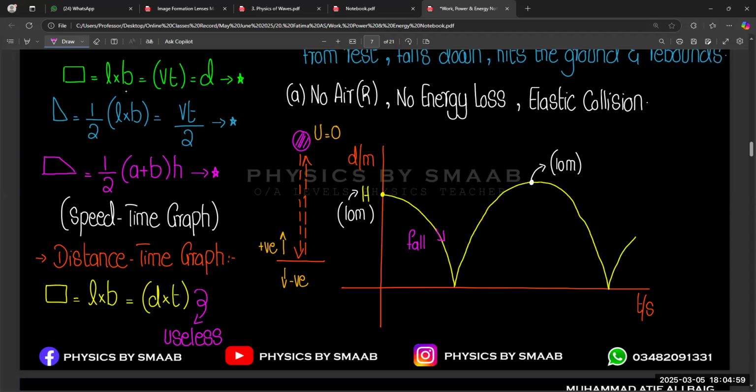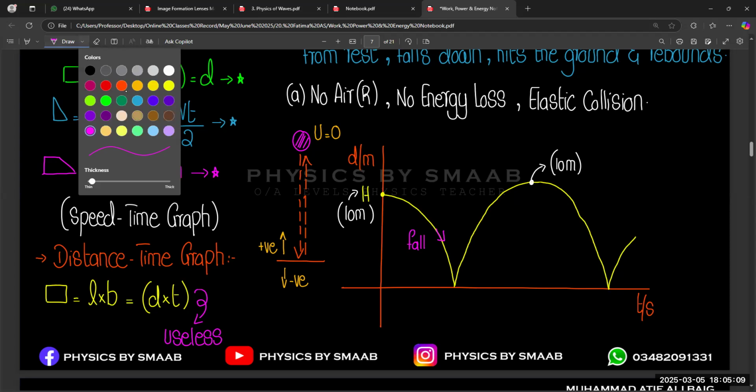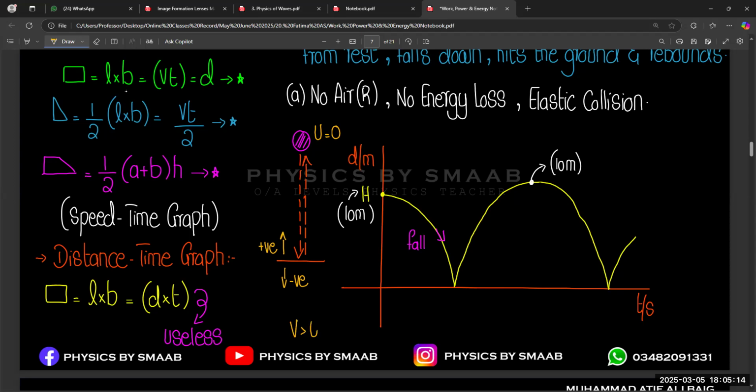And in this situation, we mention the initial speed is zero. If we talk about the final speed, it will be greater than the initial one, right? It will not equal zero. It means the value of speed or velocity is changing. When speed is changing, the changing speed is called acceleration, right? So this curved line actually represents acceleration, right?